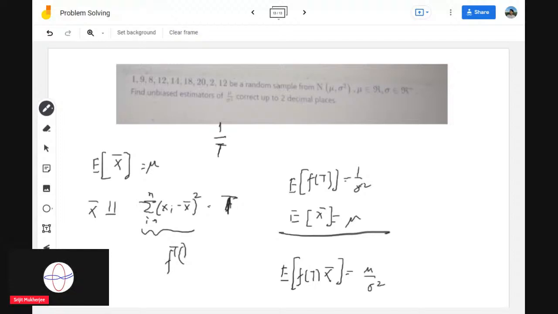We know that the sum of (xi minus x bar) square by sigma square follows chi square n minus 1. And the expectation of 1 by chi square n minus 1 is being calculated.